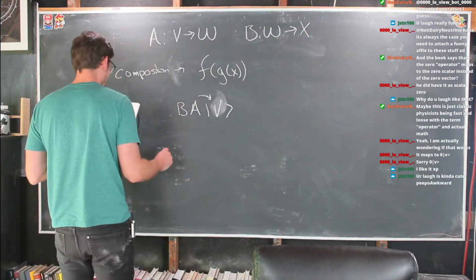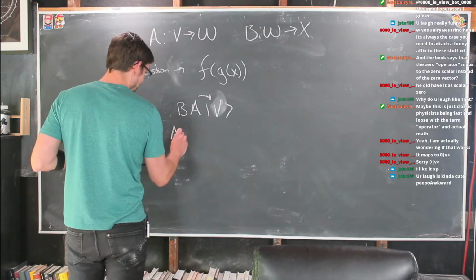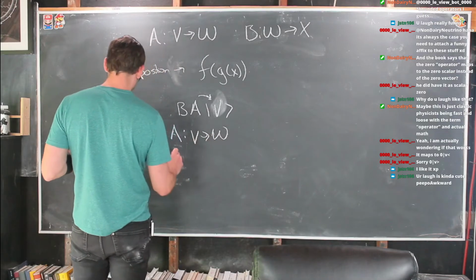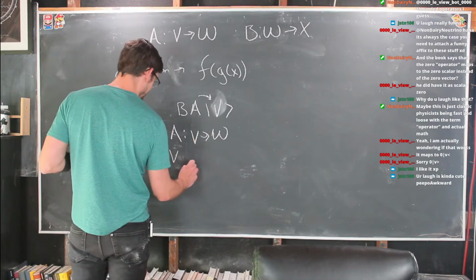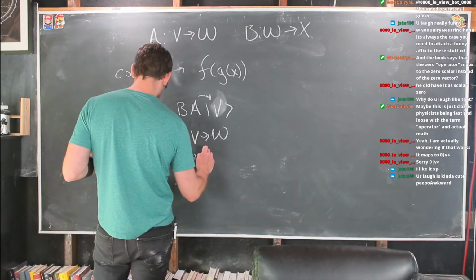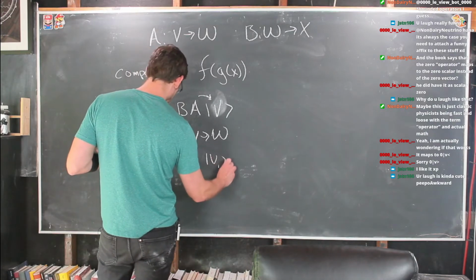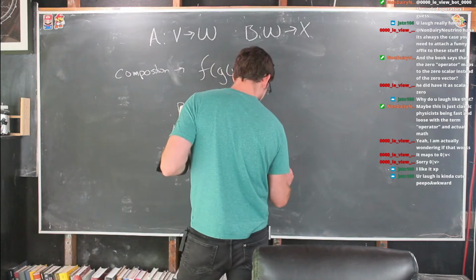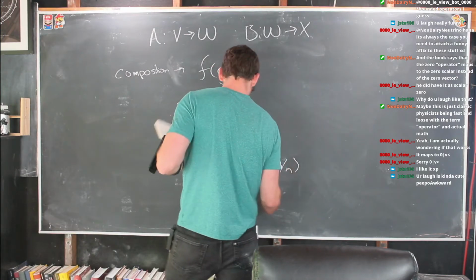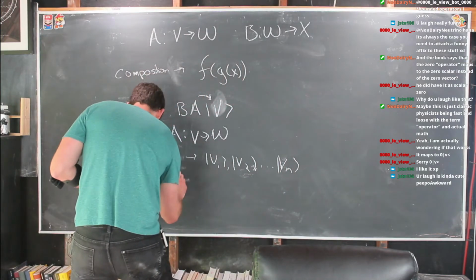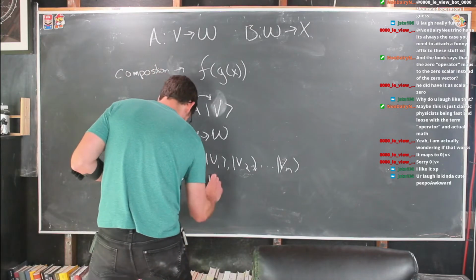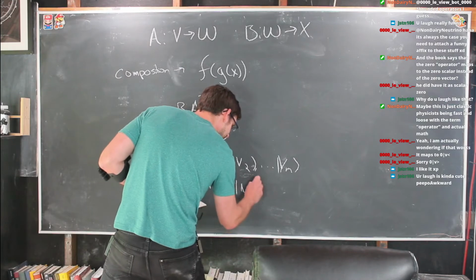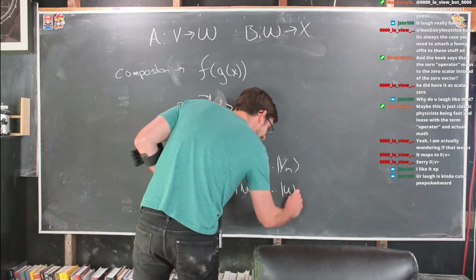So if we have two vector spaces, let's have A being the operator that takes V to W again, that old shtick. V has a basis of V1, V2, up to Vm. And W will have a basis of W1, W2, up to Wn.